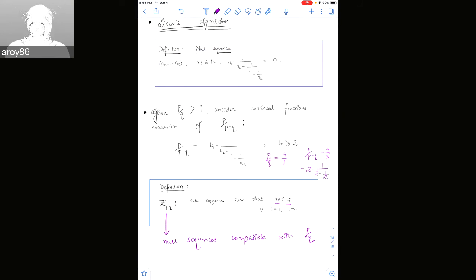So Z_41 are the null sequences that have length 3 and all the entries are less than or equal to 2, and there are 2 such null sequences, 1, 2, 1 and 2, 1, 2, and this is all.